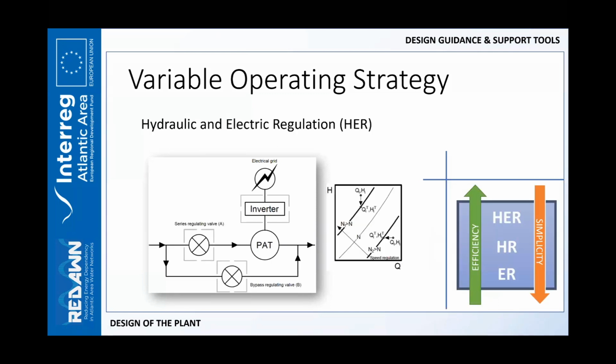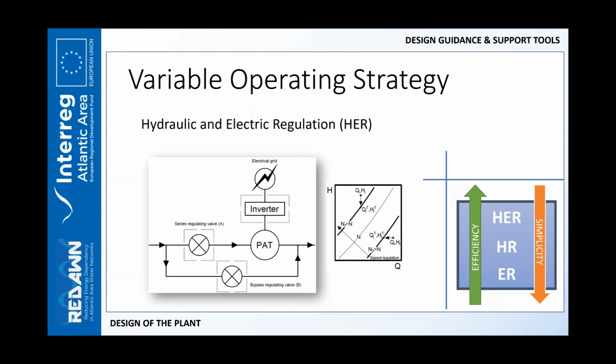In the third case, where every one of the proposed devices is present, we can modify the rotating speed of the turbine, or we can create an additional head drop or bypass to consider the best efficiency condition.